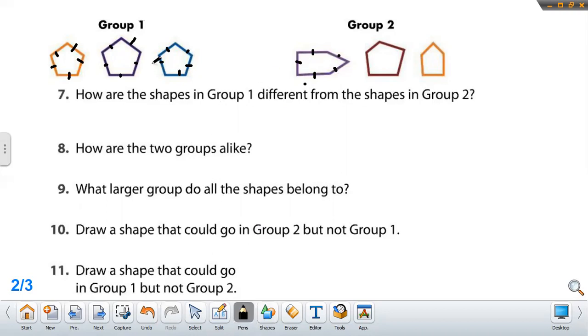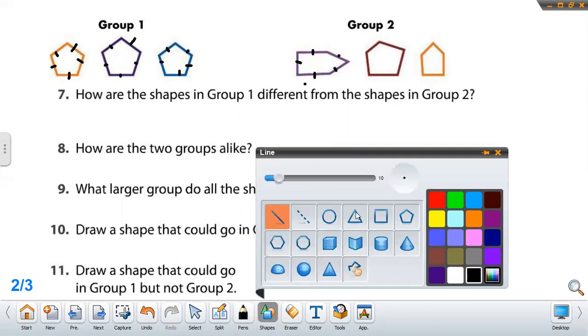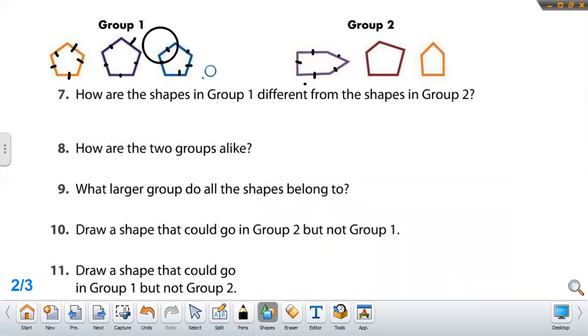As you can see, the shapes in group number 1 are equal in length, so the length of each side is the same. But here, this one is longer than this one, and this one is very small, so they are different in length.